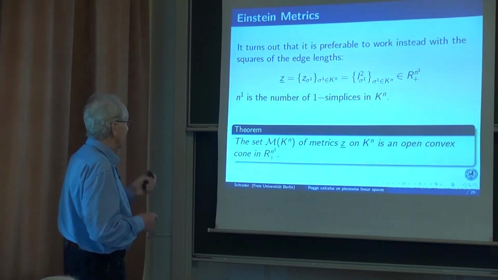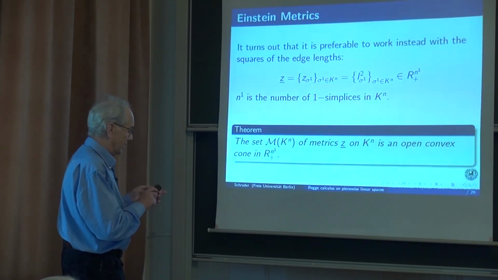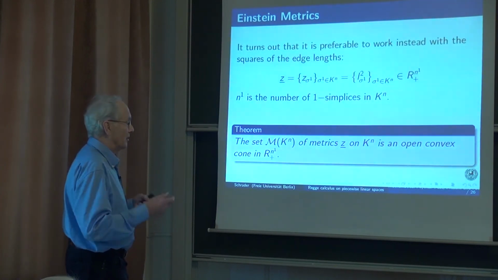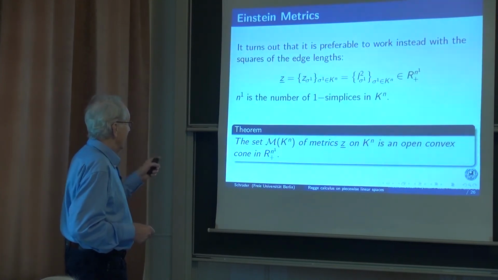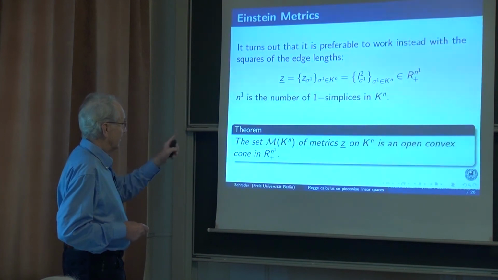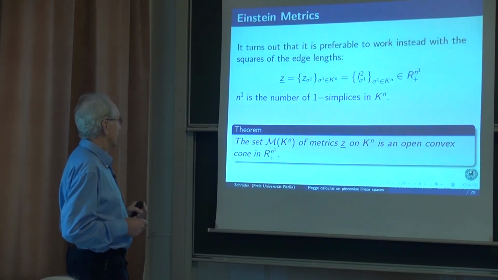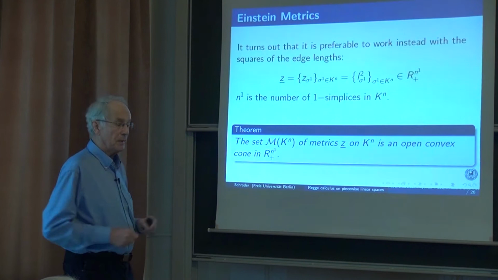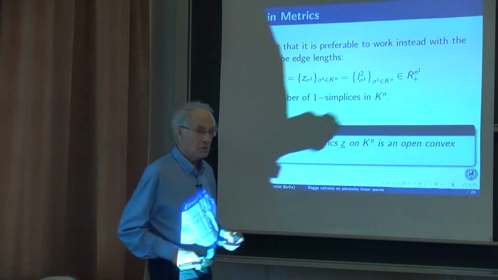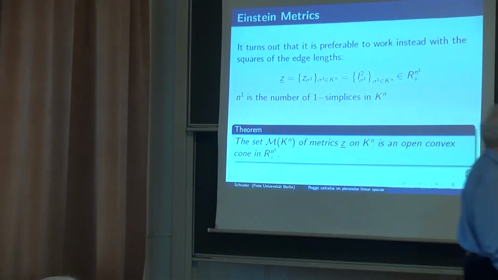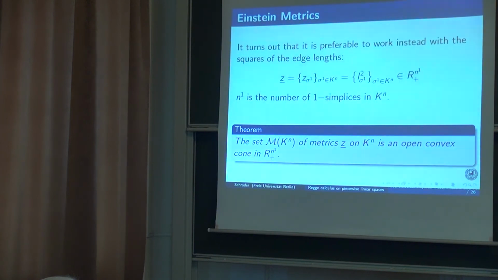And there is a theorem, in a sense the hardest part: the set of metrics on Kn is an open, convex, non-empty cone in this space. So you have sufficiently many. For example, if you give all edges the same length, that's a typical example, then it's obvious that you can build higher dimensional tetrahedra out of this.